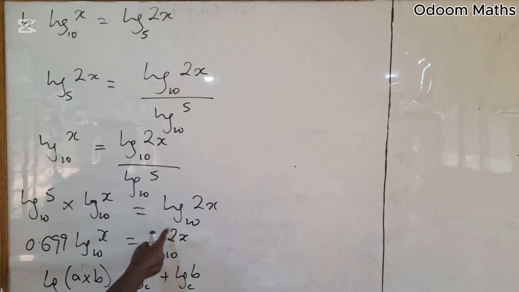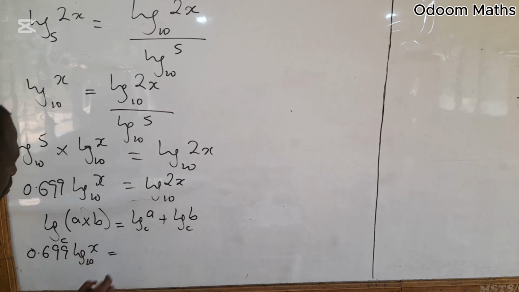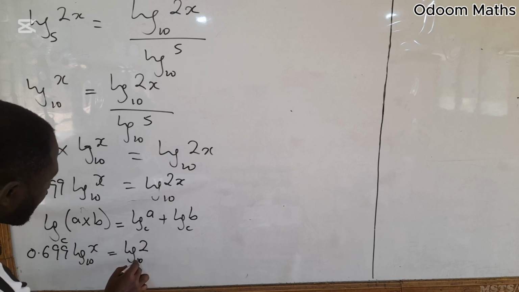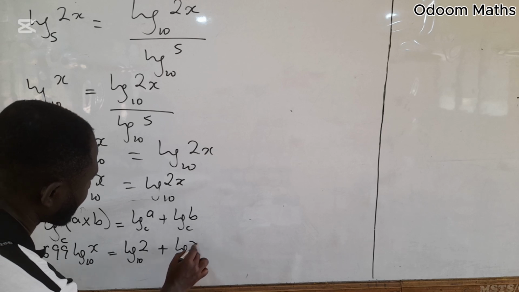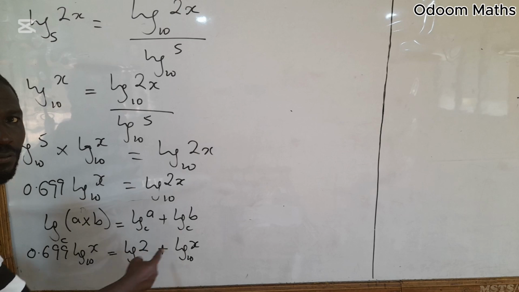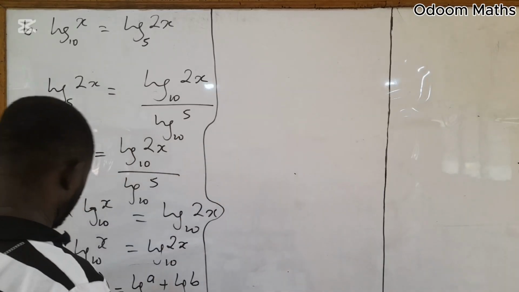To just rewrite this log 2x base 10, I have 0.699 log x base 10 equal to log 2 base 10 plus log x base 10. That is, I've just applied the first law of logarithm here. So now let me continue from here.